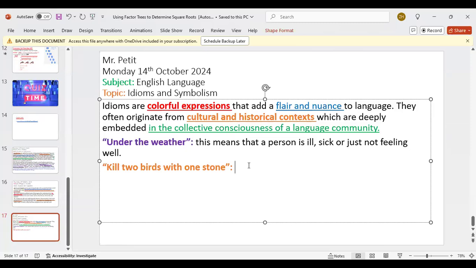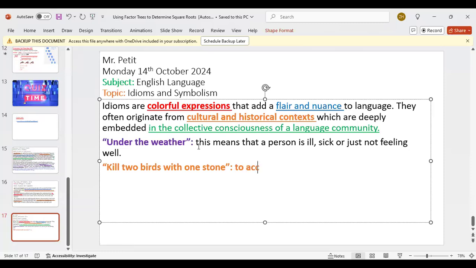What does that mean? When you do one task, you're able to complete another one at the same time. One solution to solve two problems. One action to eliminate two tasks.